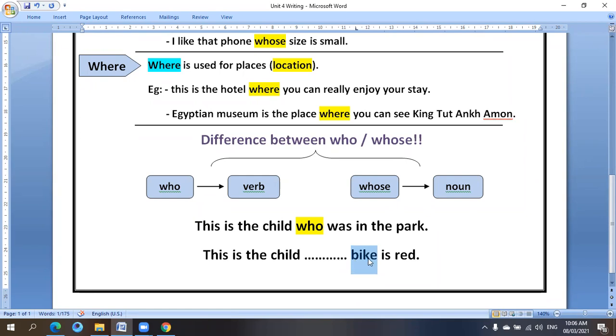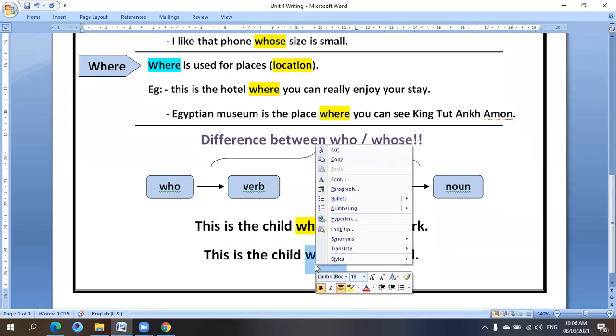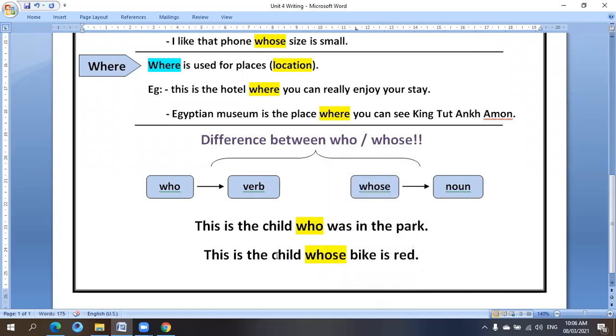So bike is a noun. What will we use, who or whose? Whose. Very simple. That's how to know the difference between who and whose, when to use who and when to use whose. Is it clear now?